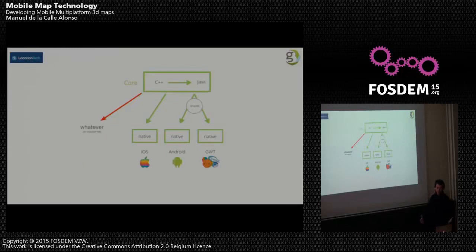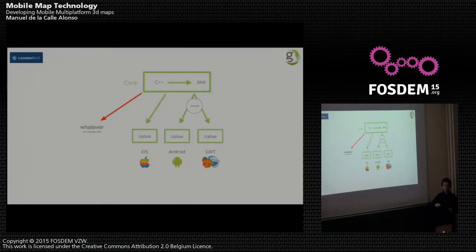How can we develop native applications on all platforms? The magic here is code translation. We develop all the OpenGL because we have a 3D library. We have a lot of OpenGL work.